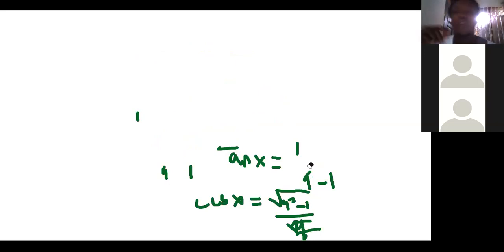Now we want to find theta itself. That is why we use the trig inverse of trigonometry.